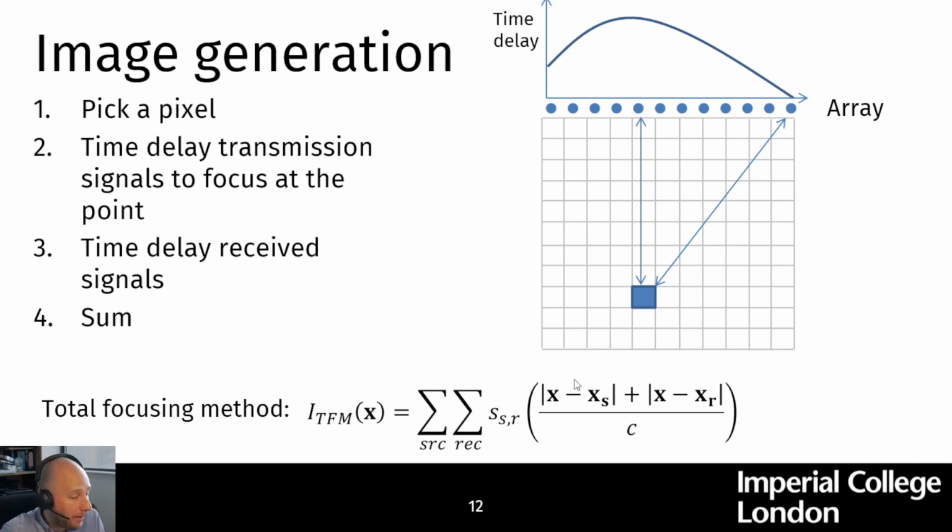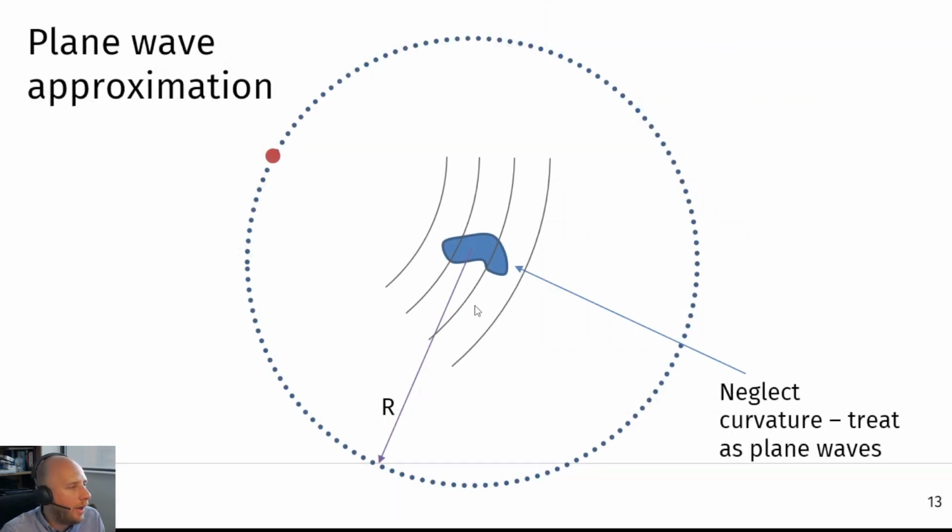So sum the source distance, sum the receiver distance, divide those both by c, which is our wave speed, and pick out the value from our received signal at that particular point in time. So essentially this process aligns all of our signals. So that's what this distortion is doing. And then this is the summation process. And then effectively this gives us an image, the total focusing method image at position X that you can see here.